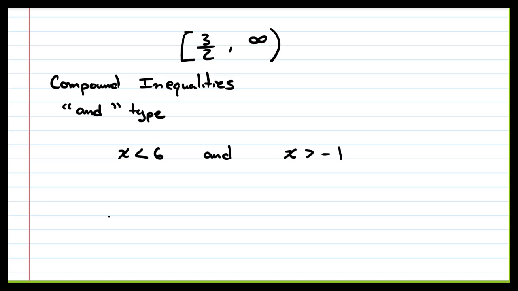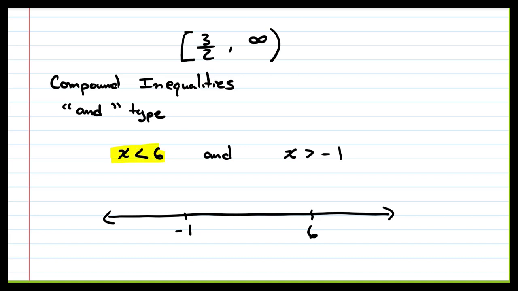So if I were to create a number line, so I have my negative 1 and I have my positive 6, and I'm going to color code these. So if I start with x is less than 6, well, that would be here, and if I were to shade that on the number line, it would be everything to the left of 6.